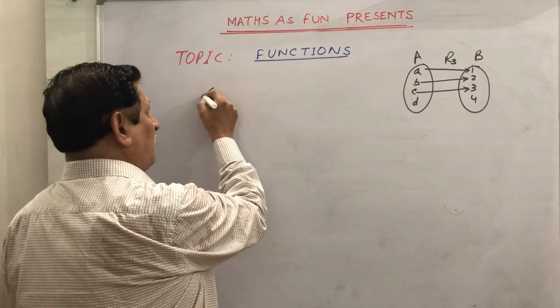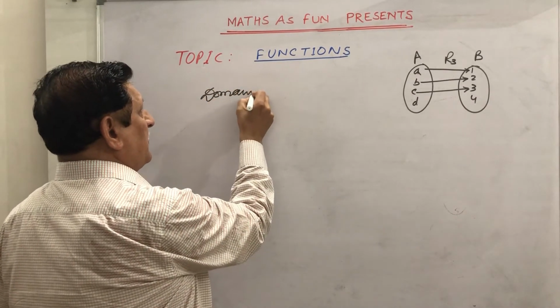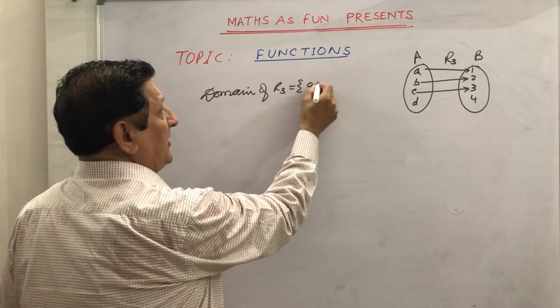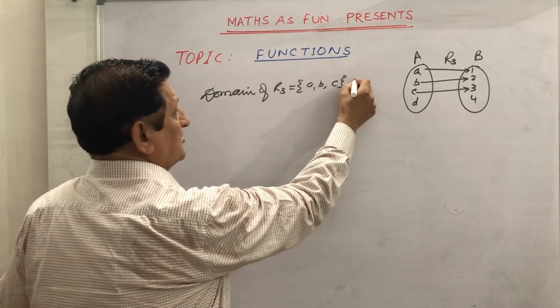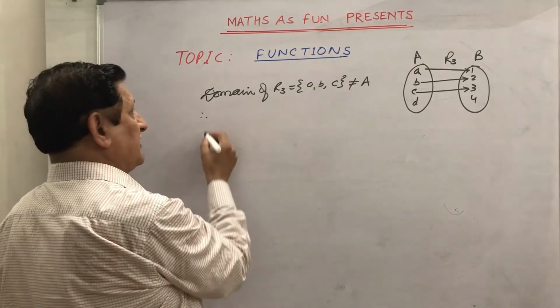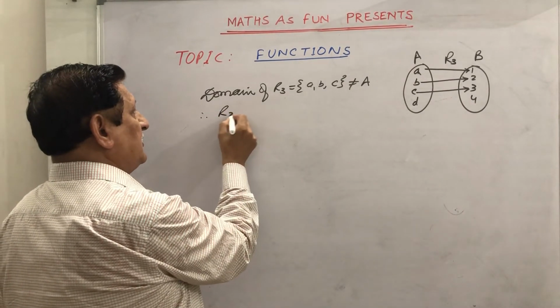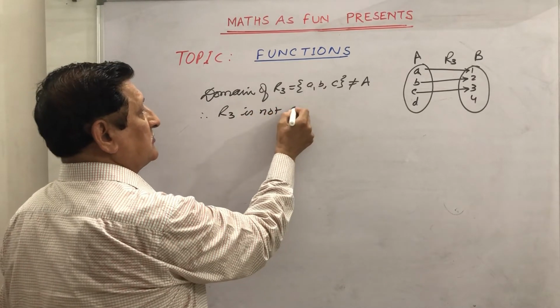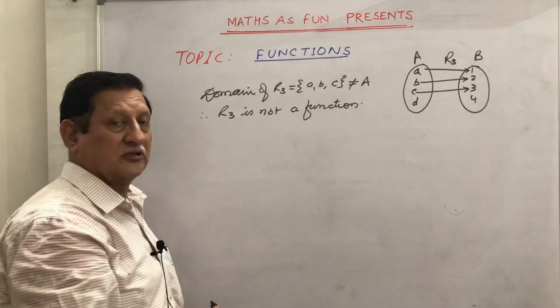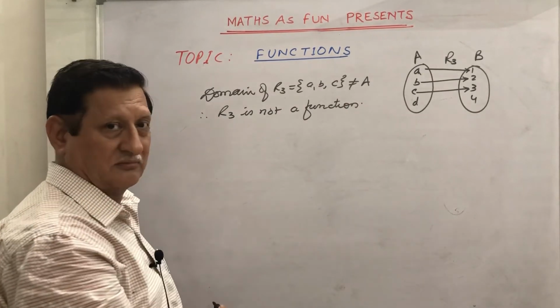In such a case, we find the domain of R3 is only a, b, c, which is not equal to A, and therefore we say R3 is not a function. R3 is not a function, but it is a relation.